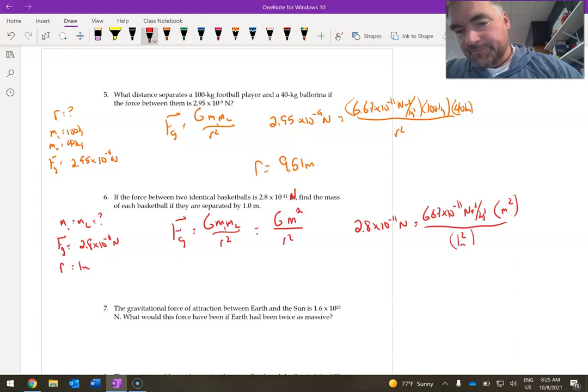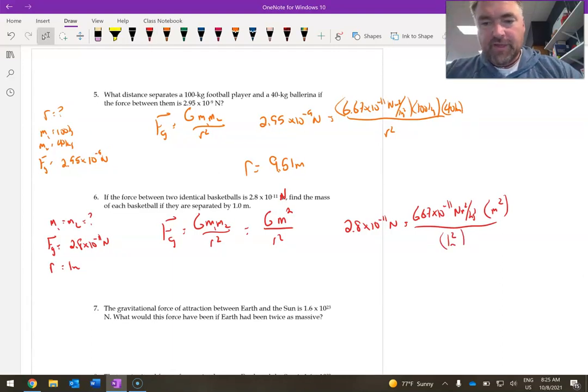Don't forget to square it. So we cross multiply: 2.8 times 10 to the negative 11 times 1 squared divided by the 6.67 equals M squared. Then if I take the square root of that, I get 0.65 kilograms.